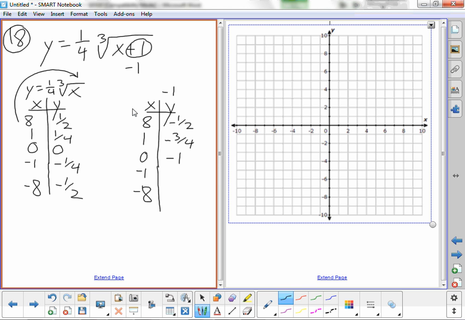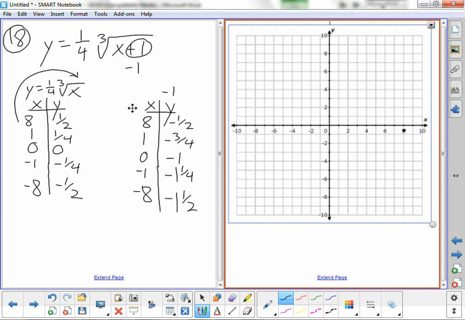Negative 1/4 minus 1 is a negative 1 and 1/4. I don't want to put it as a mixed number just because I'm going to be graphing this anyways. So negative 1 minus 1/2 is just like you're adding it. So 1 plus 1/2 is a negative 1 and 1/2. All right, so let's graph that. So 8 comma negative 1/2. So 8, and then I go down a little bit halfway.